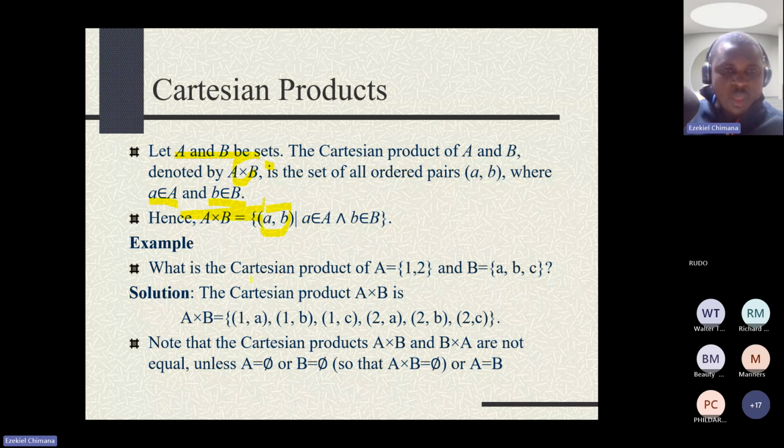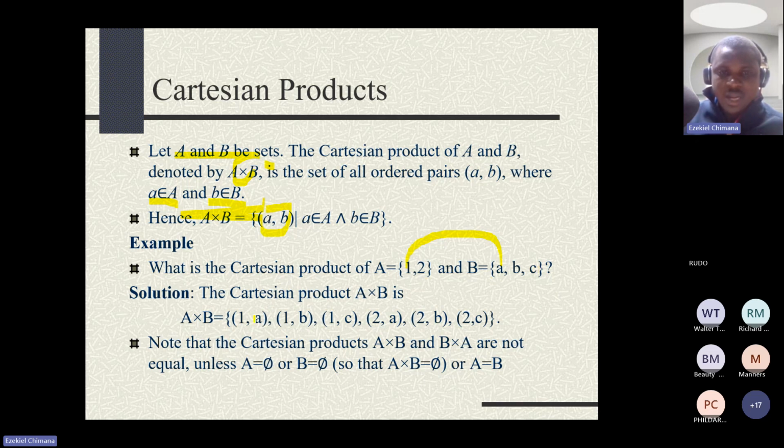So what is the Cartesian product of A with the elements 1, 2, and B with elements a, b, c? So the solution is, if you look at it, guys, you take 1 and match it with all the elements in the next set.